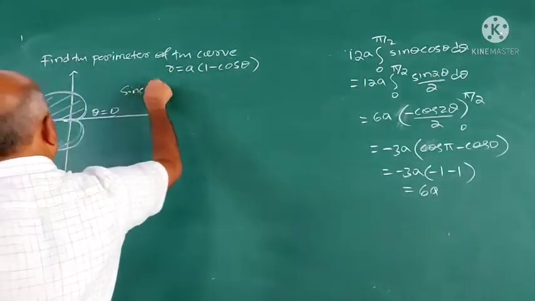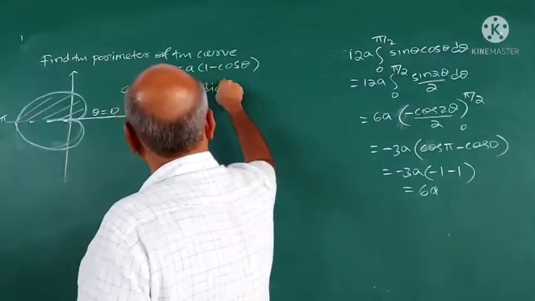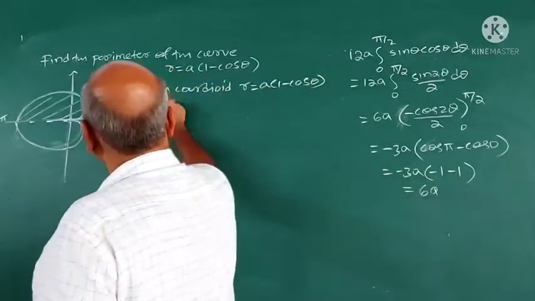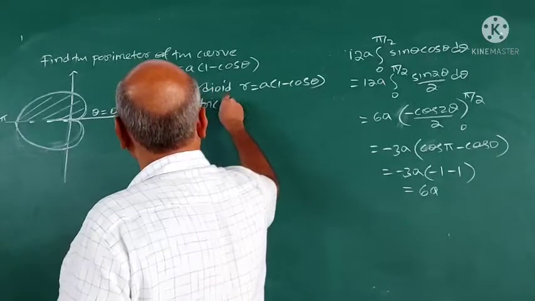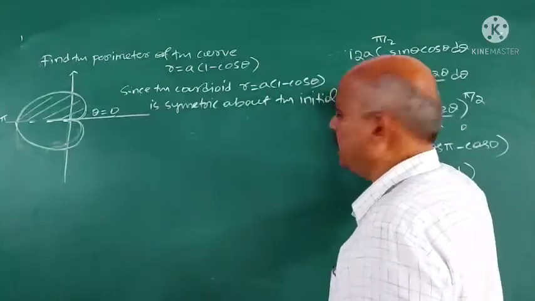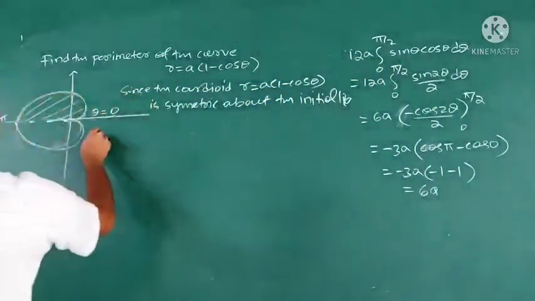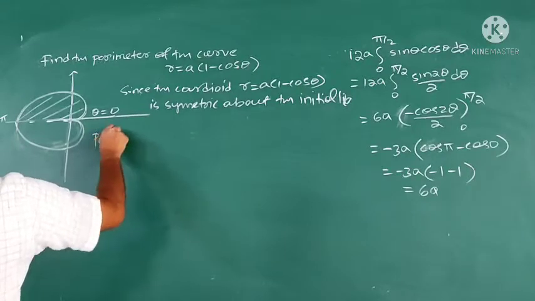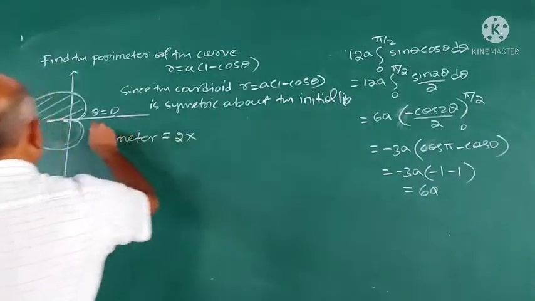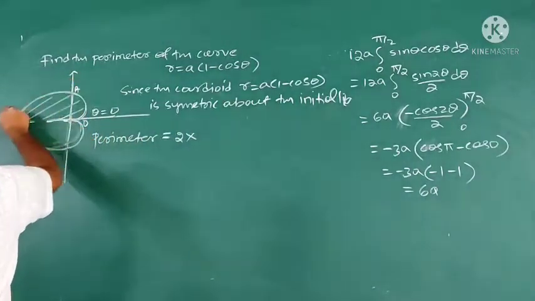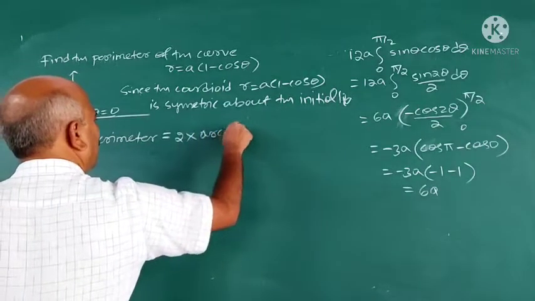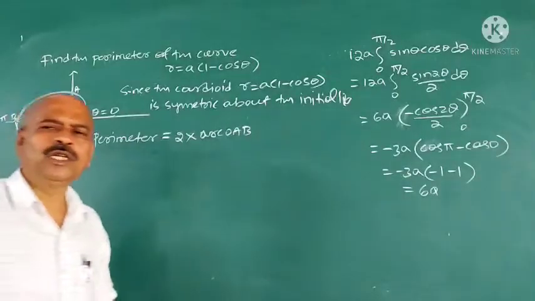Since the cardioid r = a(1 − cos θ) is symmetric about the initial line, the perimeter of the cardioid is 2 into the arc OAB. Taking the points as O, A, B, the perimeter is 2 into the length OAB.